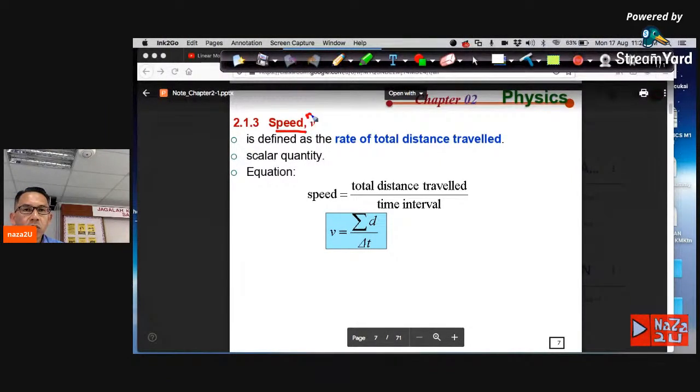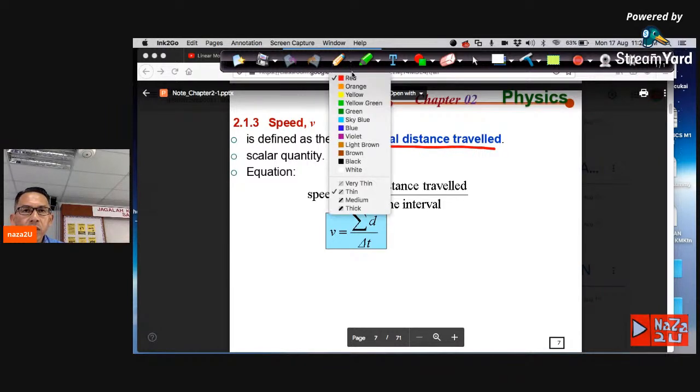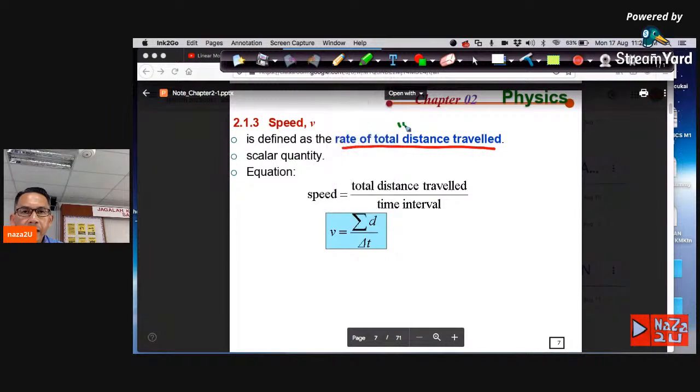The symbol is also V. That's why the students are confused about which V refers to the speed and which refers to the velocity. So we go to the definition. According to the lecture note here, speed is the rate of total distance, right? So I focus on the term distance here. Total distance, meaning kita boleh ukur berapa jarak yang dilalui.